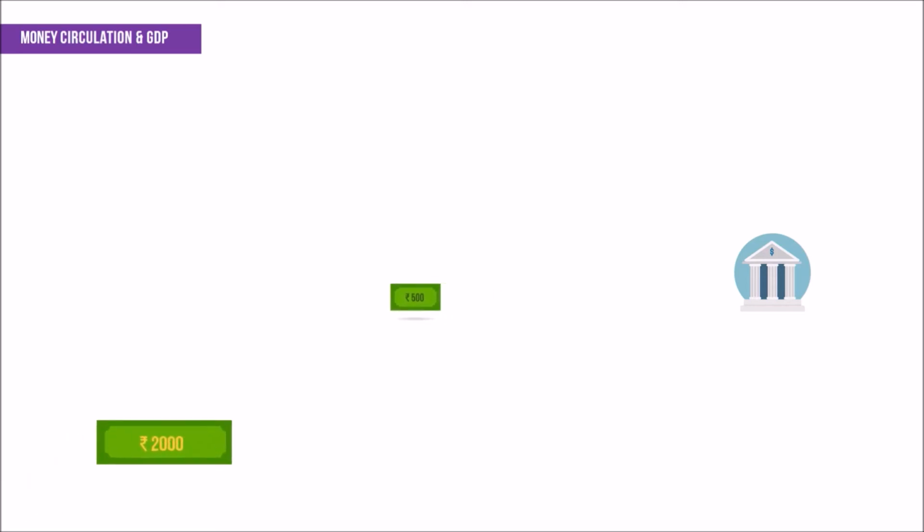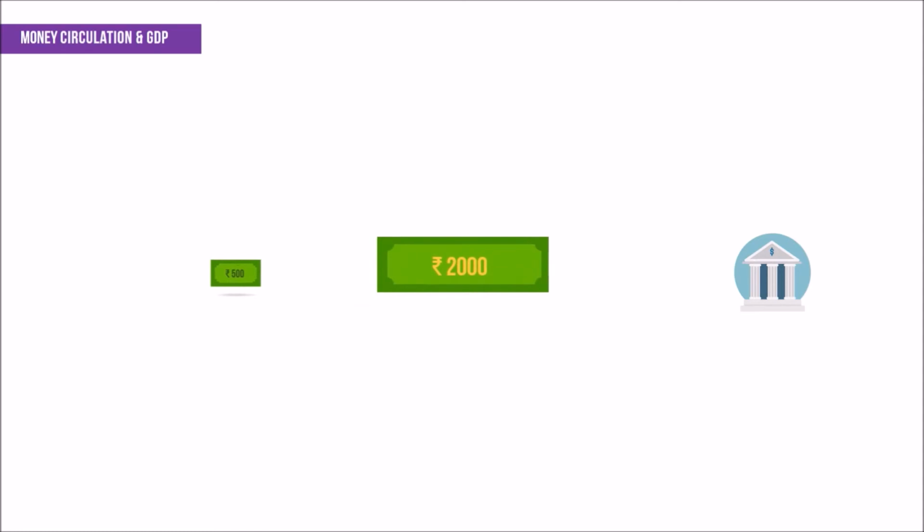So what happened here? The movement of the initial 500 rupees made everyone better off. The initial rupees 500 has been spent 4 times and has generated rupees 2000 worth of economic activity. In that sense, the first rupees 500 contributed rupees 2000 to the Indian gross domestic product. The same wouldn't have happened if you had taken the rupees 500 and deposited it in the bank or simply kept it in your pocket.